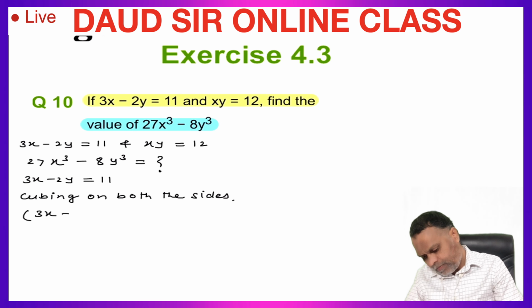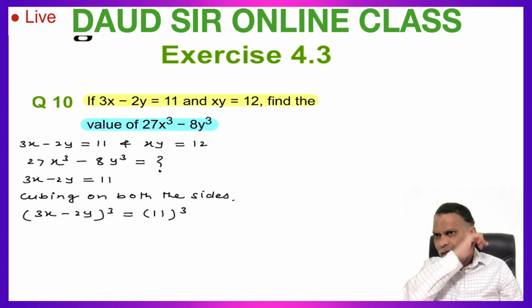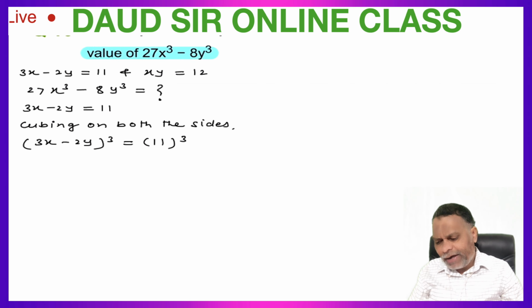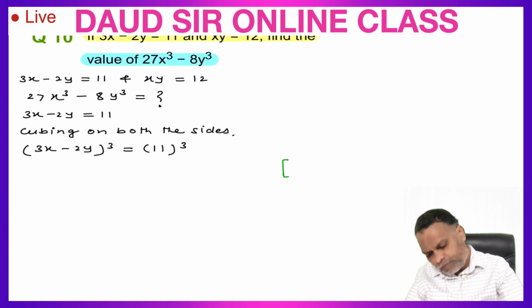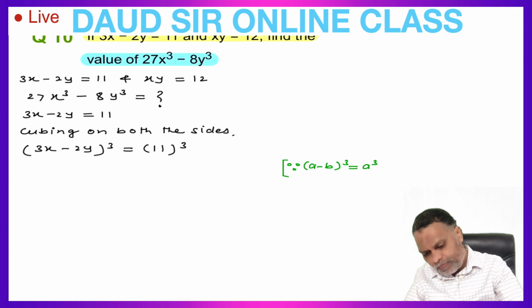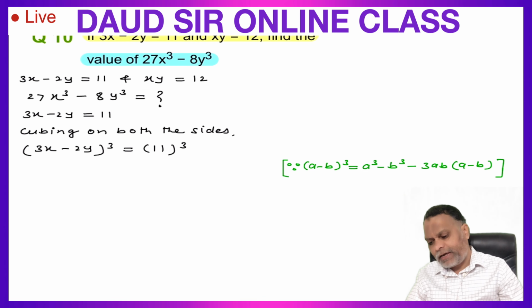3x minus 2y whole cube is equal to 11 cube. Now here apply the identity a minus b whole cube. Since a minus b whole cube is equal to a cube minus b cube minus 3ab into a minus b. This identity we have to apply here.